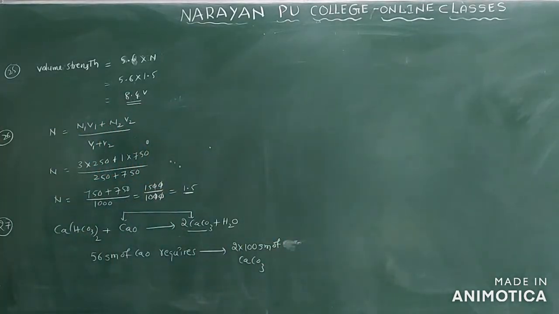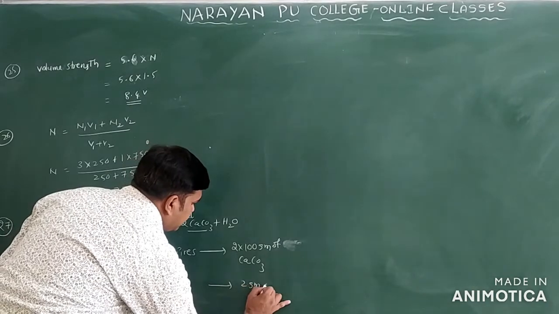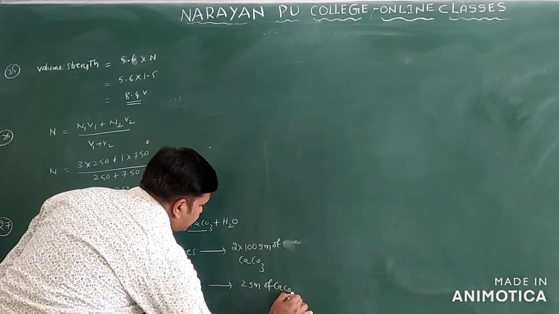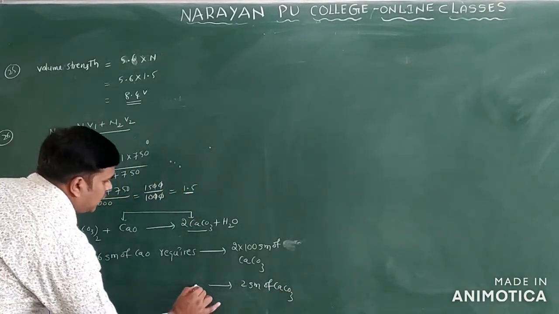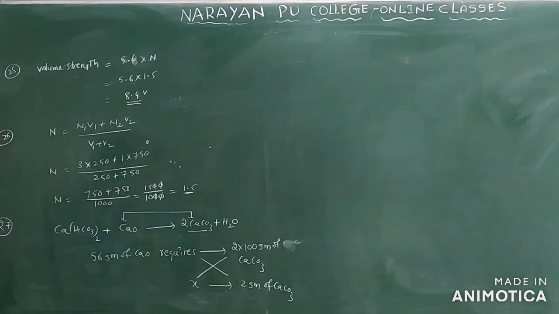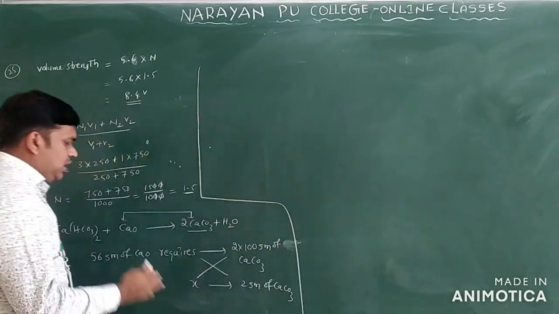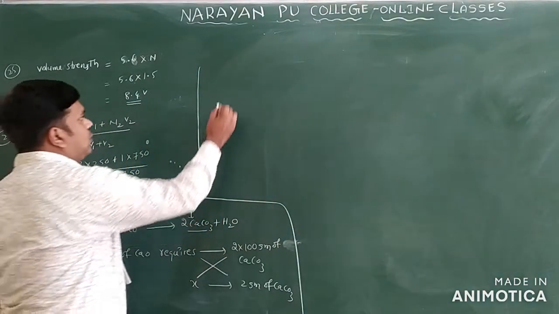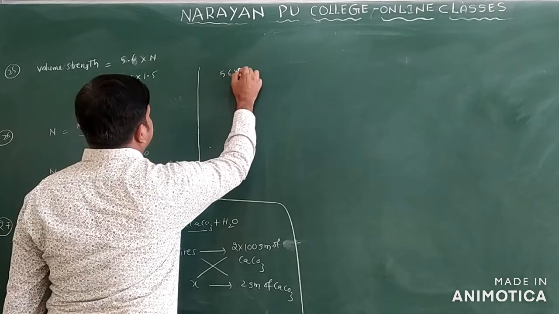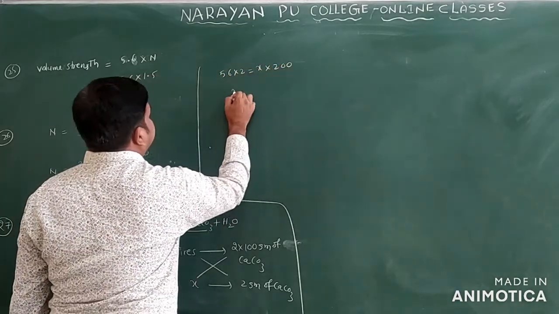But in the problem they have given 2 grams of CaCO3. So 2 grams of CaCO3 requires how much amount of calcium oxide only? Now you can do the cross multiplication. What will you get here? 56 into 2 is equal to x into 200.